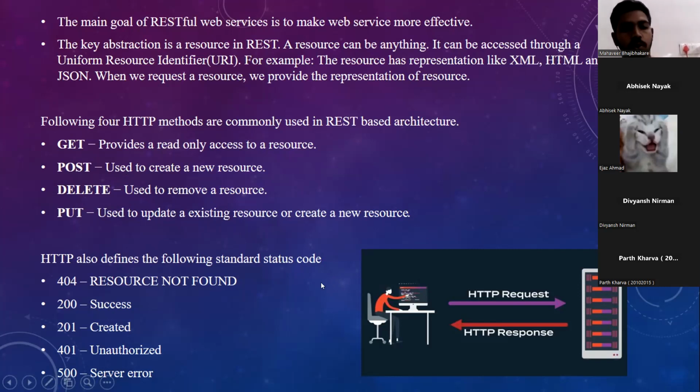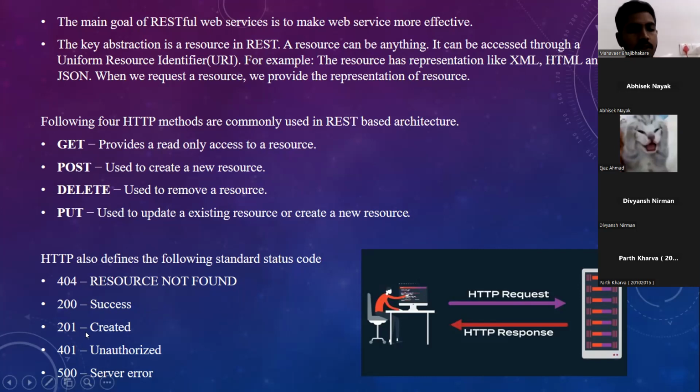Moving forward to the various status codes: standard status codes are also there in HTTP. The following are some of them. The first one is 404, which is used to show that the resource is not found. If our request is completed, then the second one is 200, which shows the success of the request.